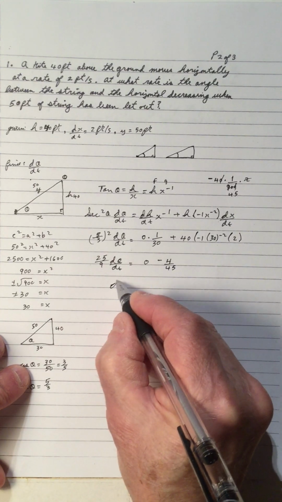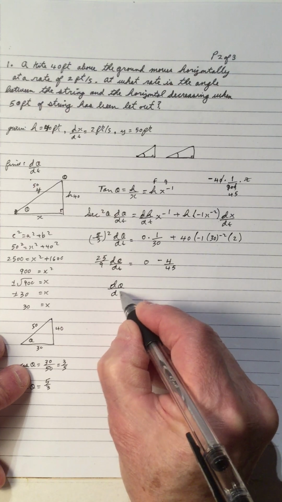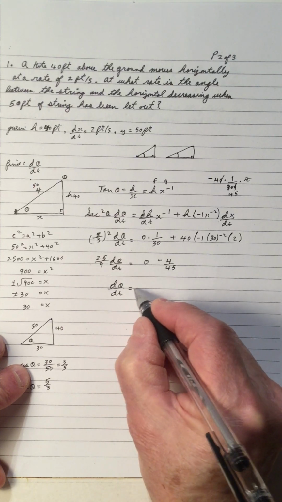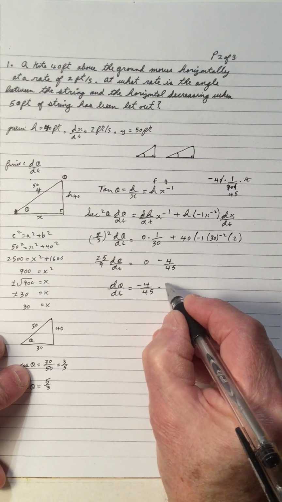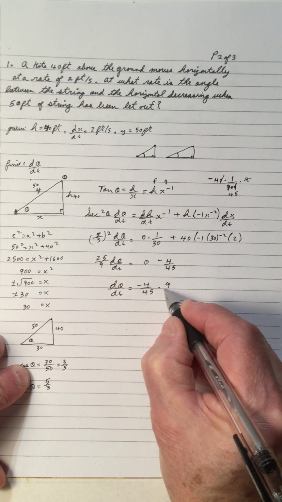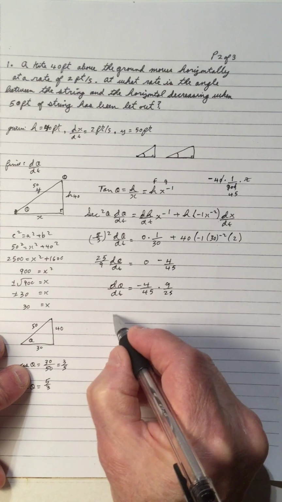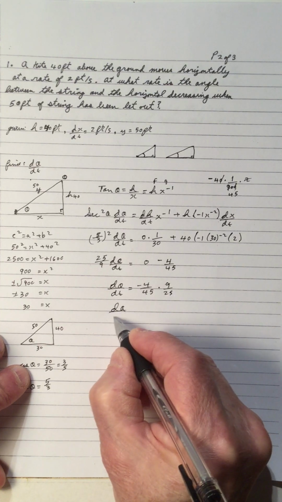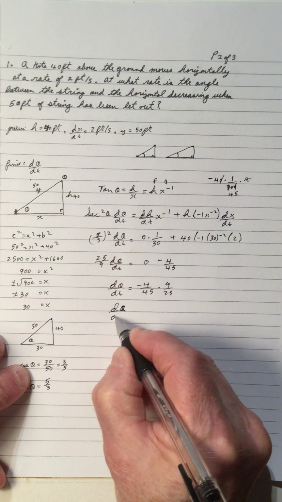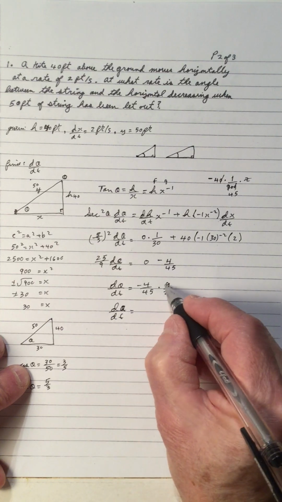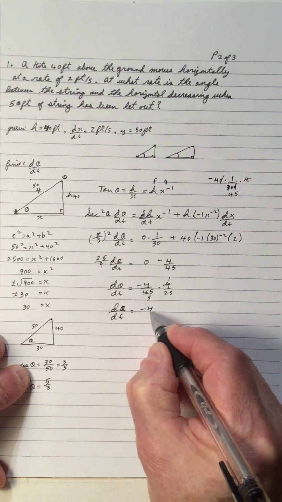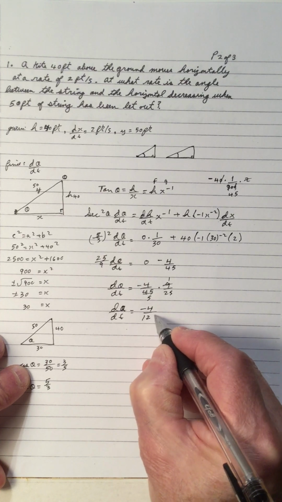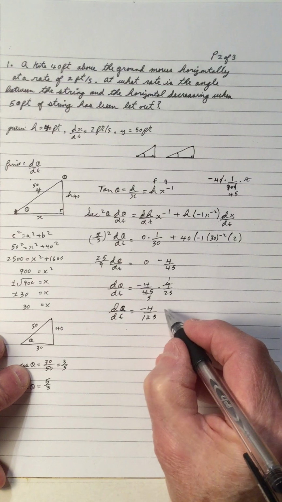And we divide, dθ/dt equals negative 4 over 45 times the reciprocal, which is 9 over 25. So dθ/dt is 9 once, 5, so it's a negative 4 over 125.